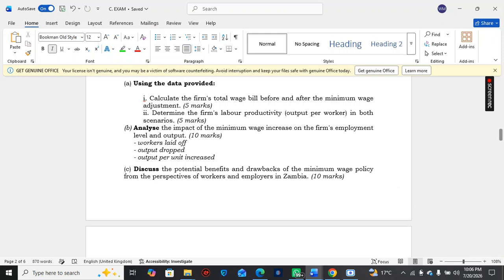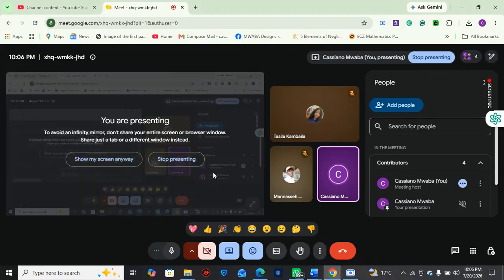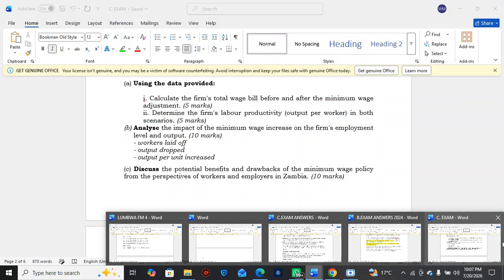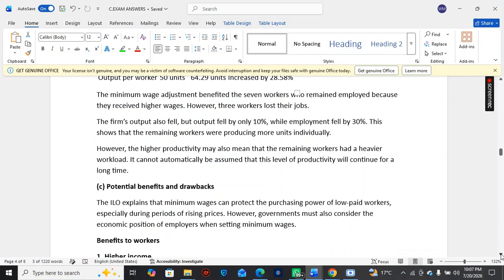Colleagues, would you like that? You get a higher salary, but now your workload increases. Mr. Manasseh, would you like that? Madam Tasila, would you like that? Yes, it has to be moderate.